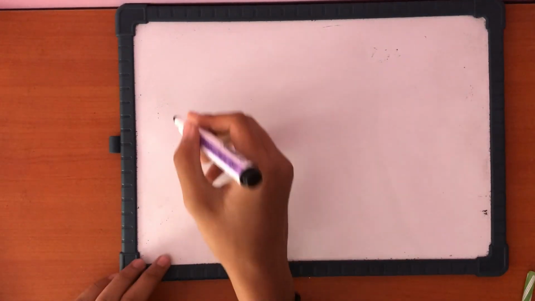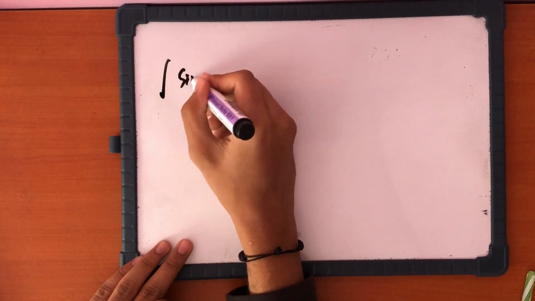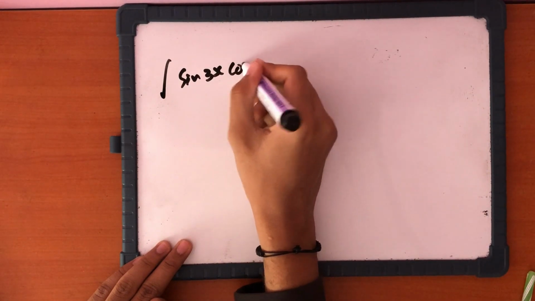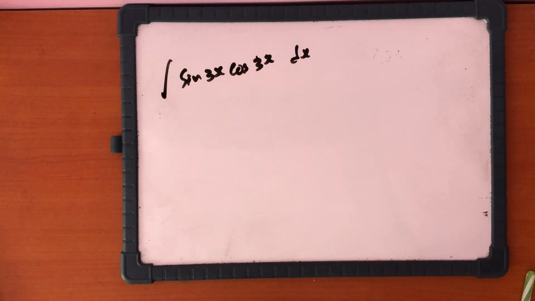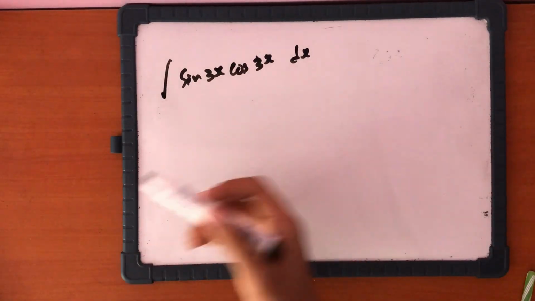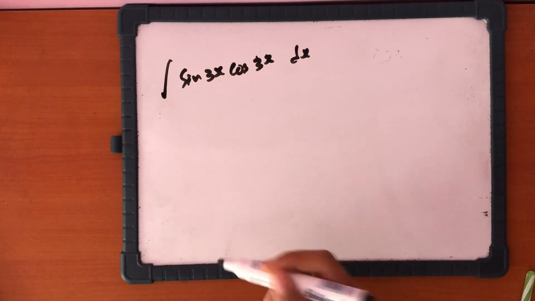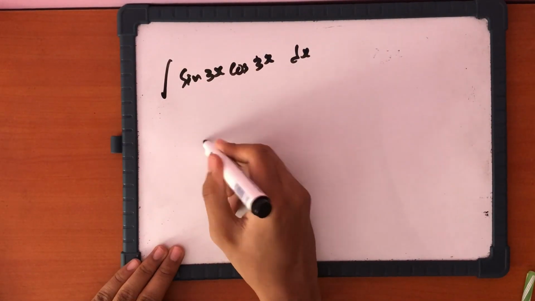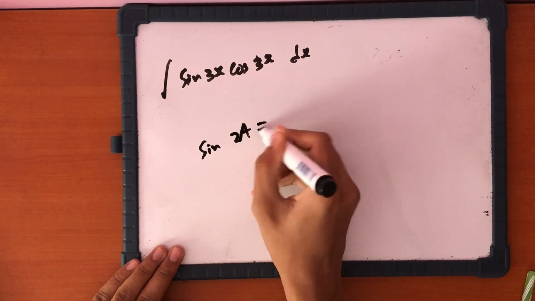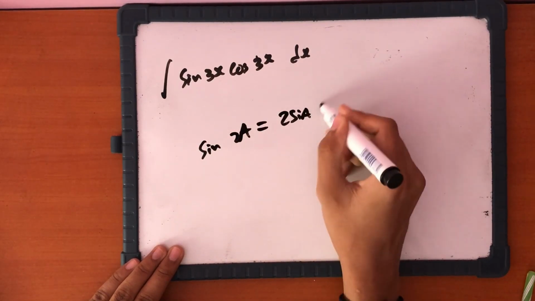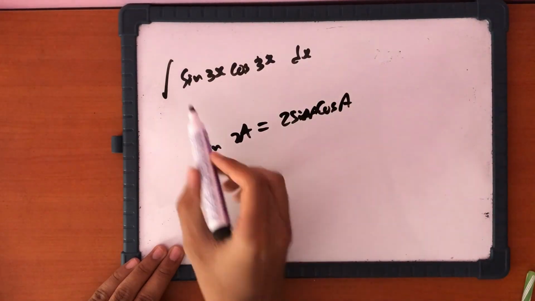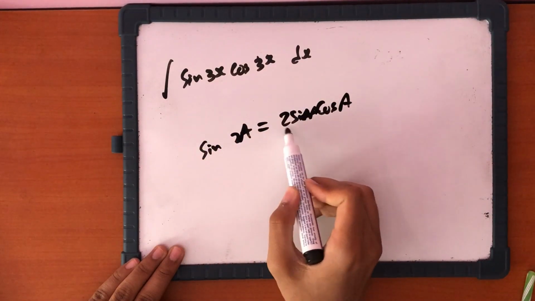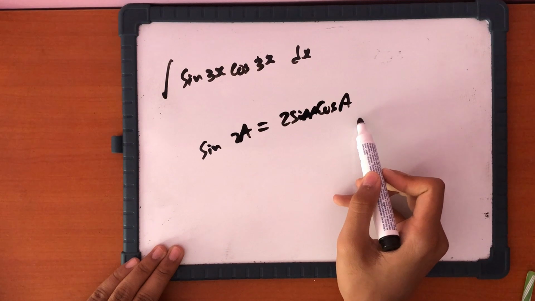Let's see. Okay, so the integral of sine 3x cosine 3x dx. Now, this could seem very confusing. This could seem very hard because it's very hard to integrate this just as it is. So here we use the identity sine of 2a gives 2 sine a cosine a. You see a pattern here. This is sine 3x cos 3x, and here 2 sine a cos a.